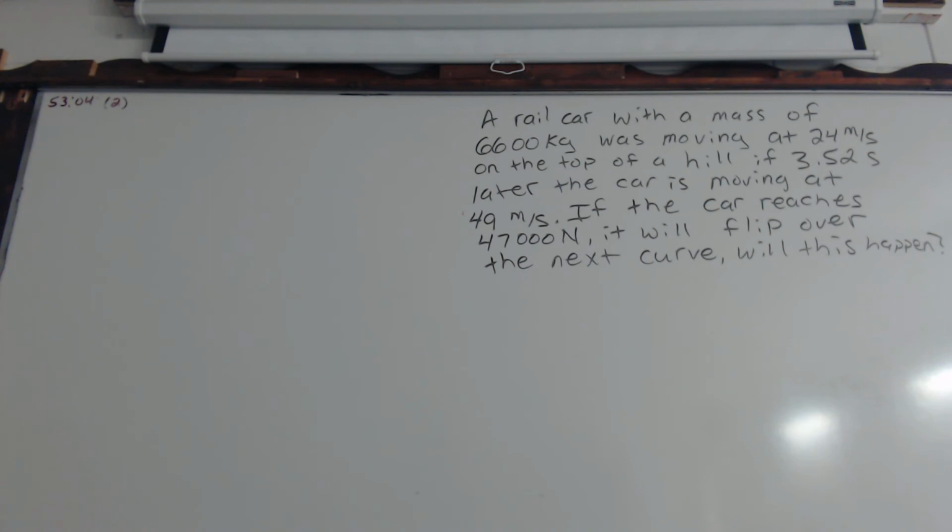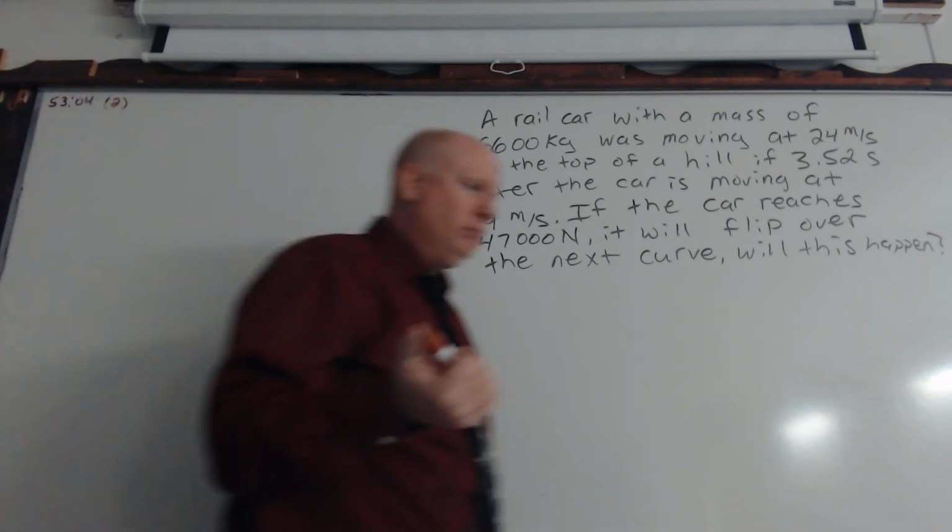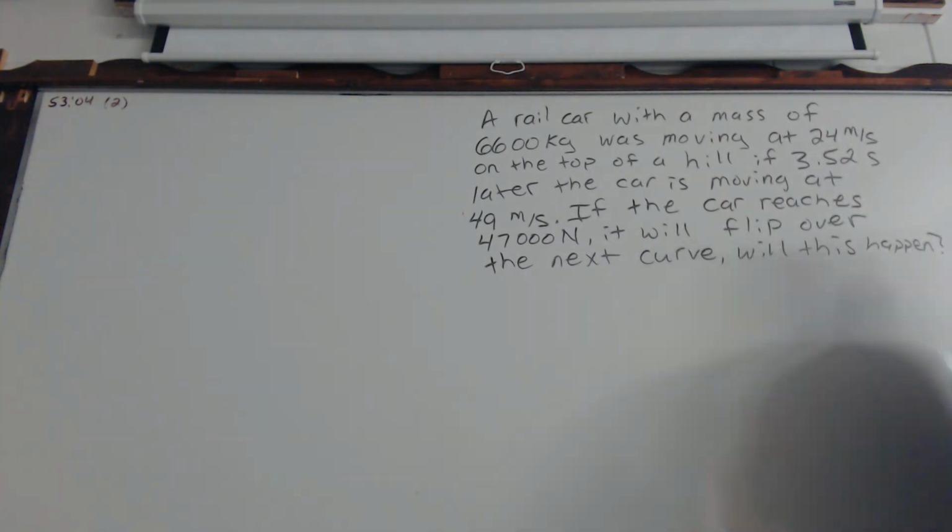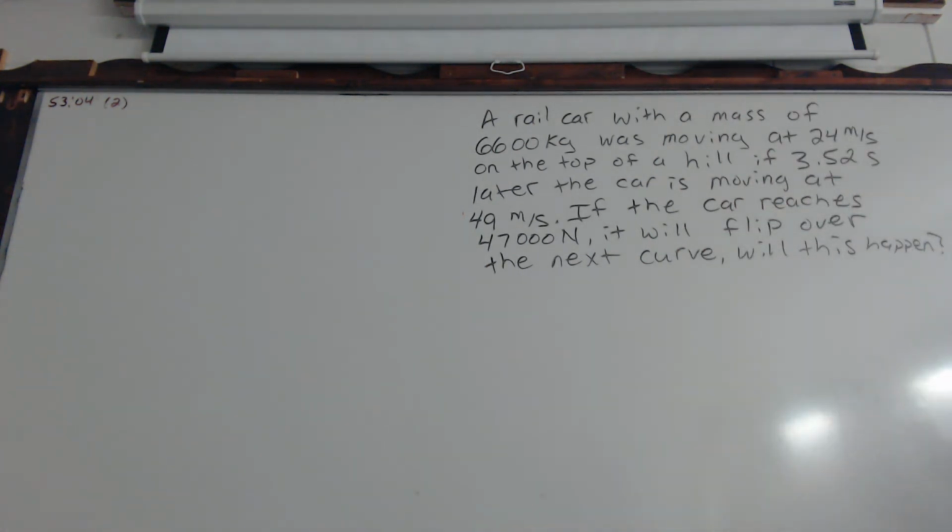It maybe came unhooked from the locomotive or something to that effect. These have a very large mass, and once they get going downhill, if it's going around a curve, it may just flip off of the side. And sometimes that can even happen with operator error as well.